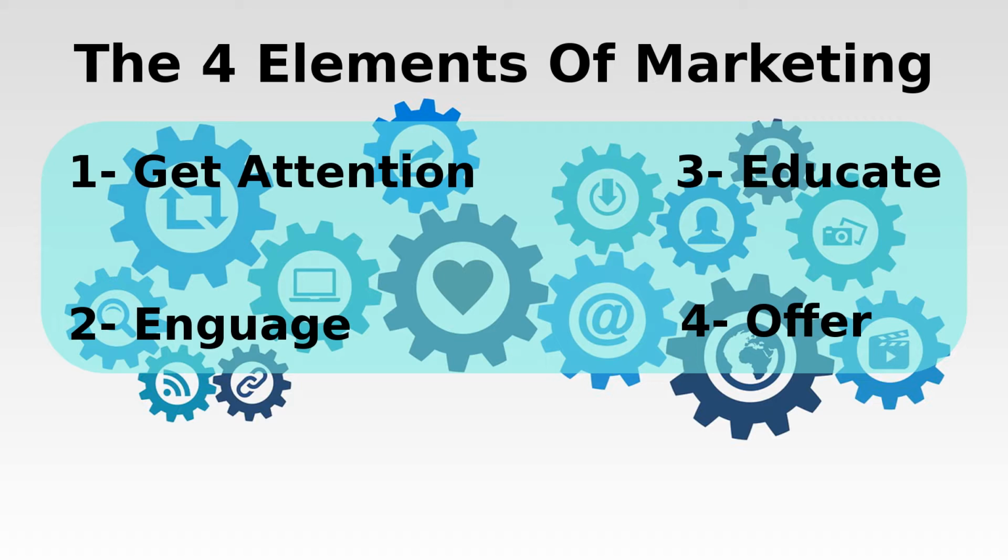So again, the four elements of marketing are get attention, then engage, then educate, and then make your special offer. A good marketer and a good website guy is going to be able to go through that process with you and create something unique. And remember that what you create today is good enough. As you move forward, you're going to create more things and you can make those changes.